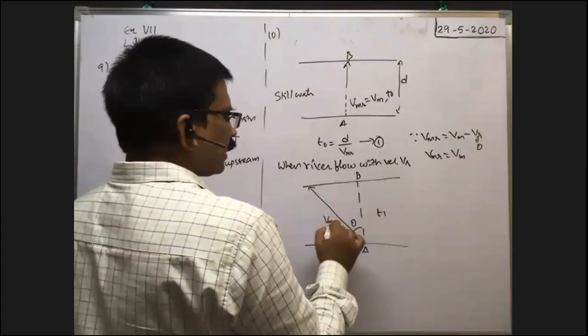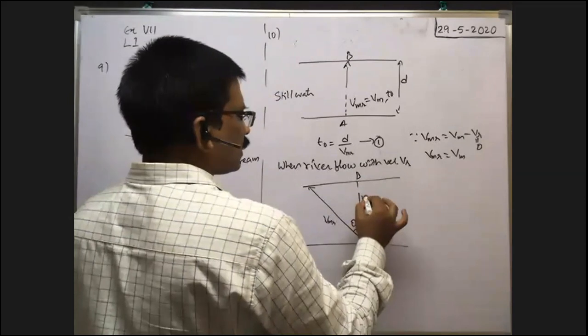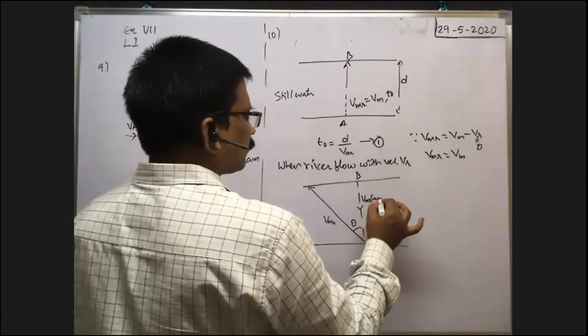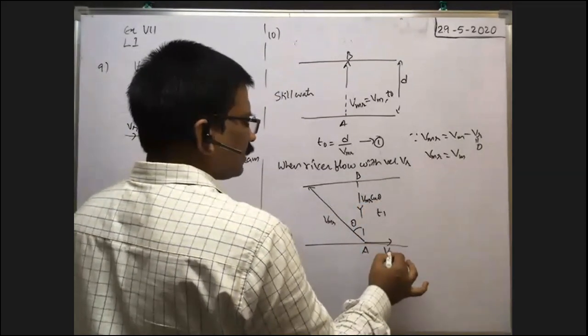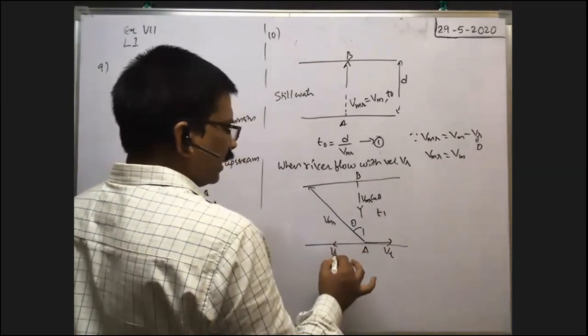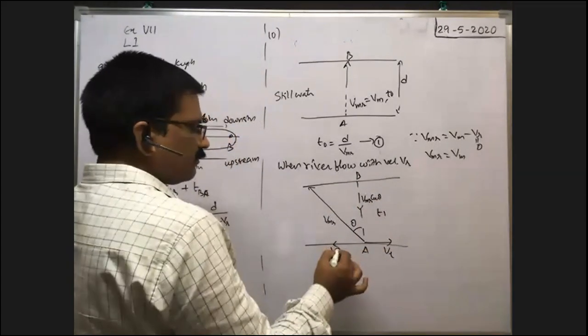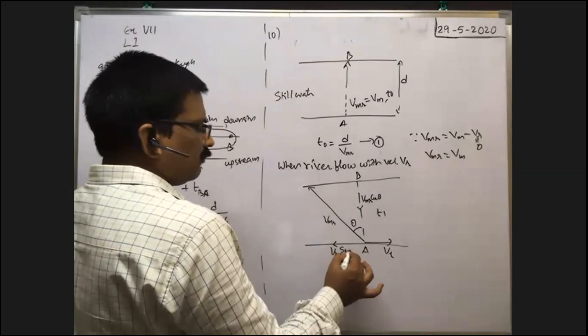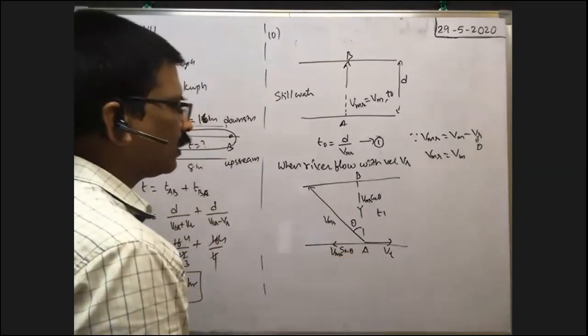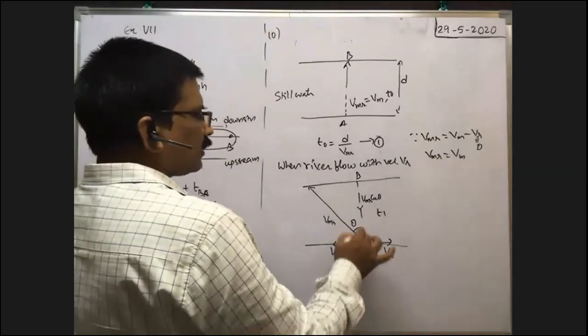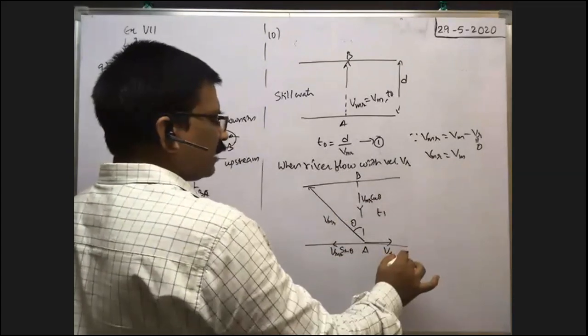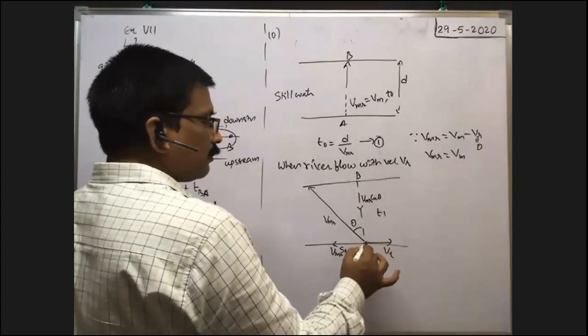Here you see, the component of this velocity in this direction is VMR cos theta. And velocity of the river is in this direction. Velocity of the man is in this direction. Velocity of the man with respect to river component VMR sin theta is in this direction. To cross the river along the shortest path, net velocity of the man along this direction must be 0.